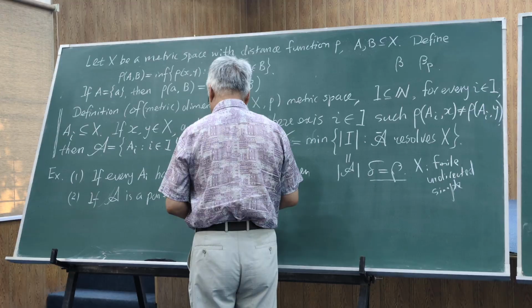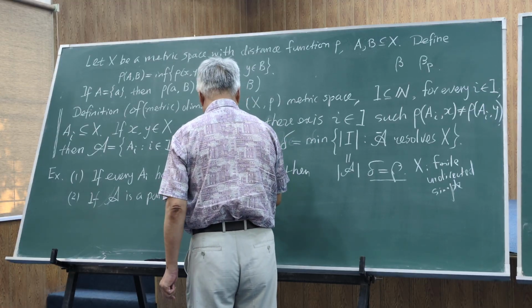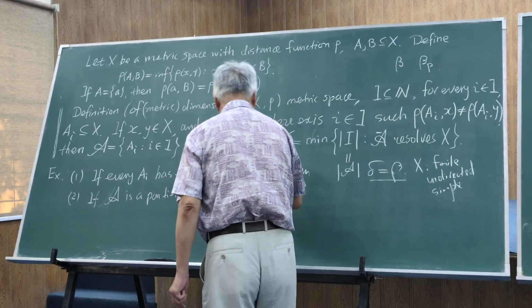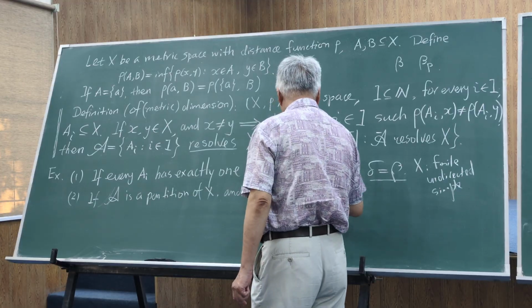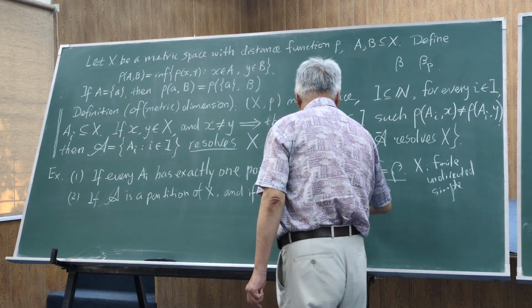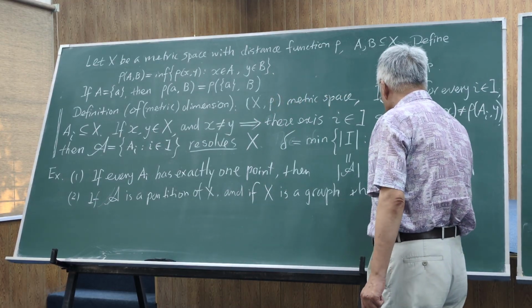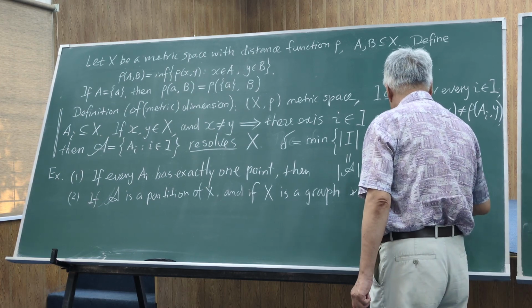So if X is the graph, then we have delta is equal to beta sub p.